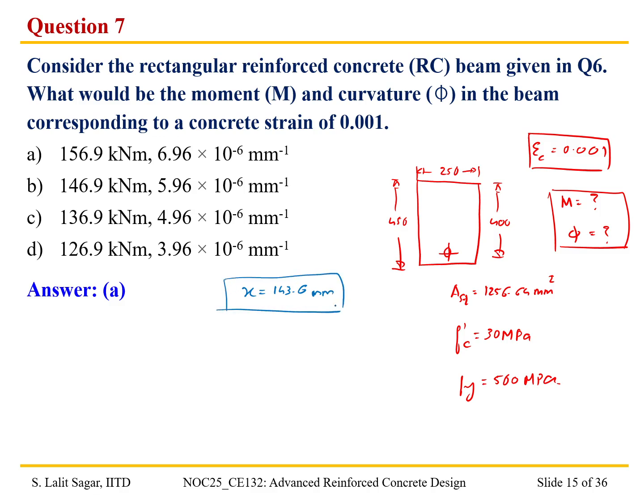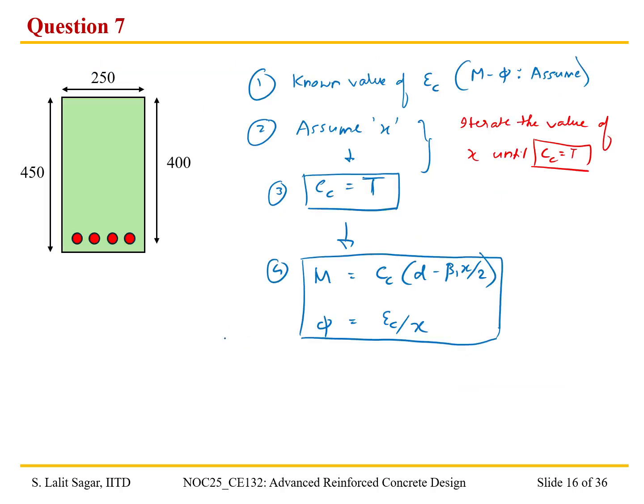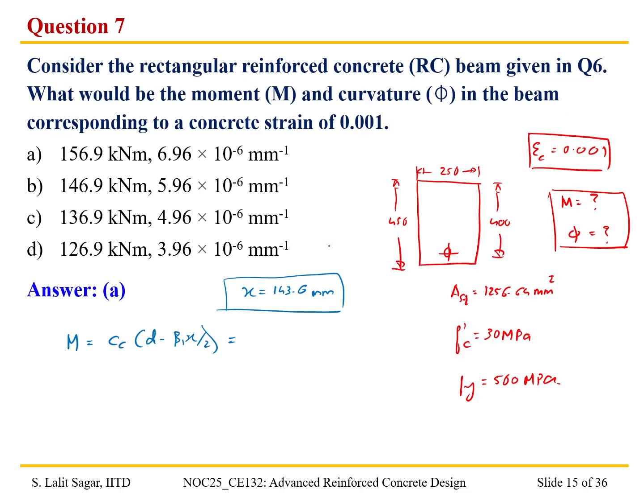All right, so we have M is equal to Cc into d minus beta 1 into x by 2. Okay, so what is the value of Cc? By the way, Cc is equal to Ts.